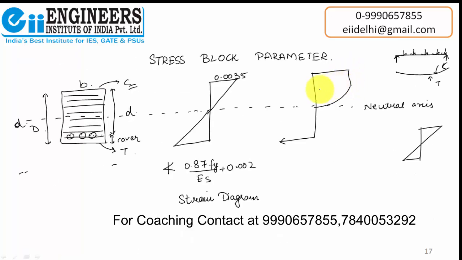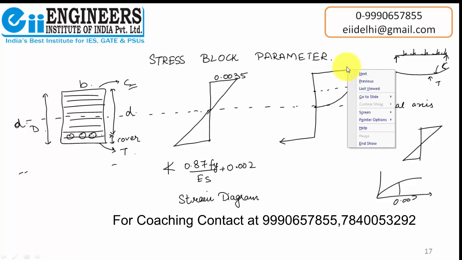What we saw there is that till 0.002 it is a parabola. That means from 0 till 0.002 it is a parabola, and after that till 0.0035 it is a straight line. So this is 0.002. Now this is 0.446 times fck.